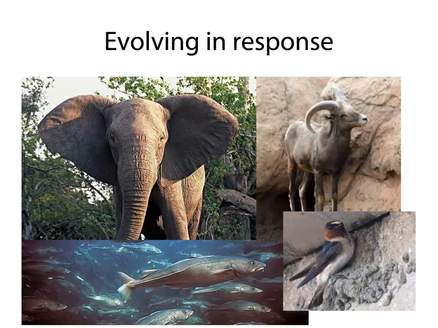Now, nature is resilient, and as Jeff Goldblum said in the first Jurassic Park, nature finds a way. And so I find this part actually fascinating, that nature is evolving in response to humans. One example: elephants can be born with or without tusks.